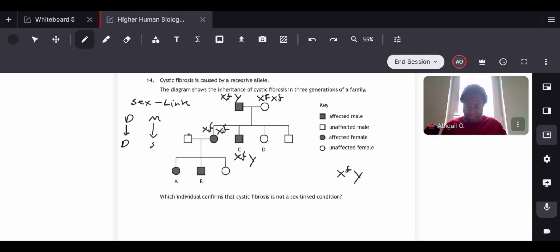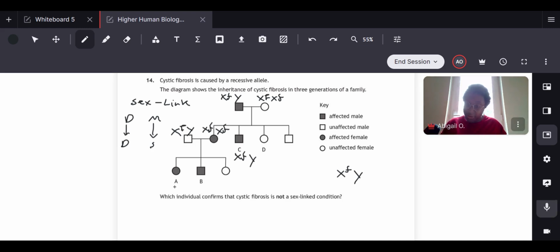So if you're an unaffected male, your genotype is going to be X big F Y, which means that the father will pass on the Y chromosome to their son, and the mother will pass on the recessive allele to their son as well, which makes sense. B could have that specific genotype as well.